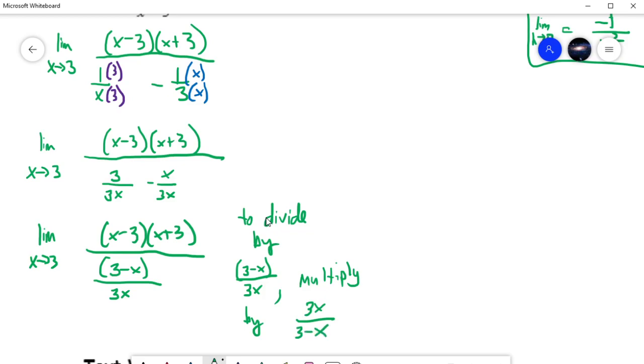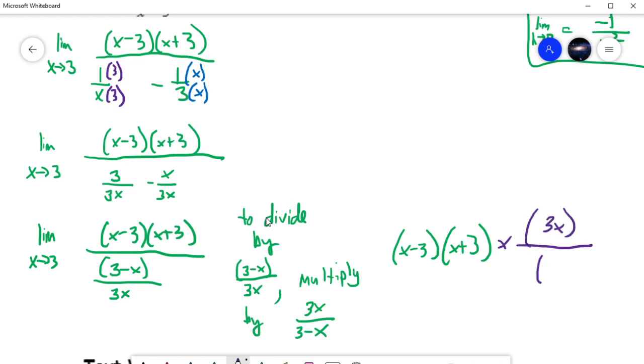This fraction is the denominator of your big fraction, right? How do you divide by a fraction? Multiply by its reciprocal. So look at it again. x minus 3, x plus 3, multiplied by 3x over 3 minus x. Okay, that's what we're looking at.